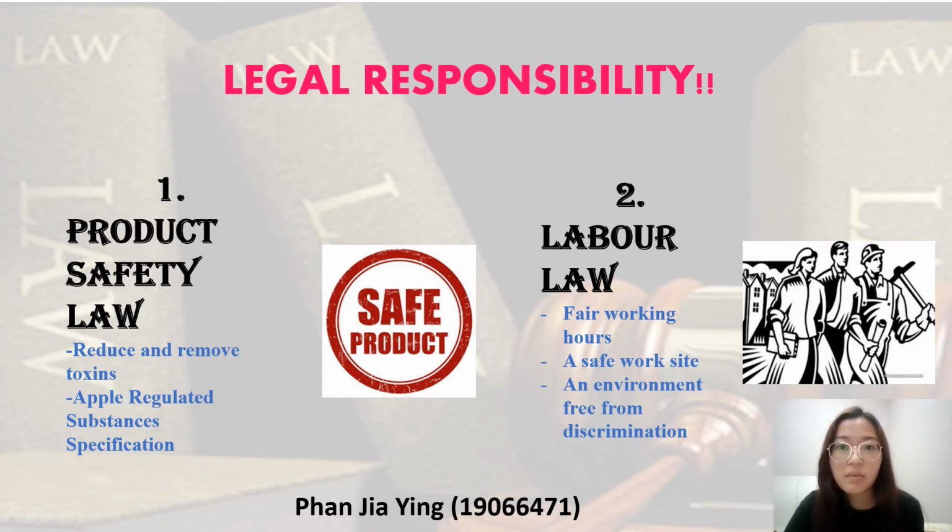Other than that, Apple is also doing its best to provide fair working hours, a safe worksite, and an environment free from discrimination. From the research, I found that the average working hour of Apple staff is 8 hours, including 1 hour of lunch break. From this, we can see that Apple is following the federal law for rest periods and provides fair working hours for its workers.